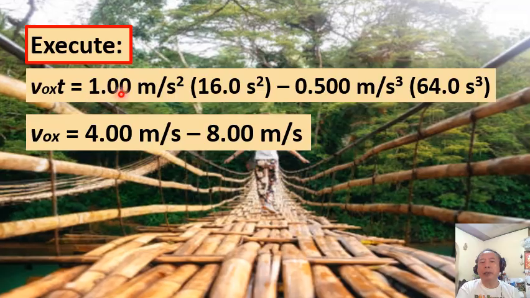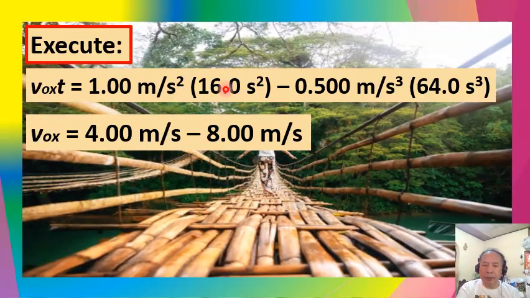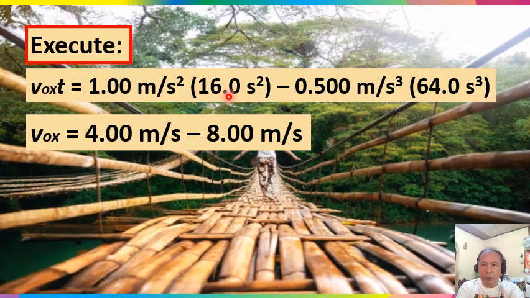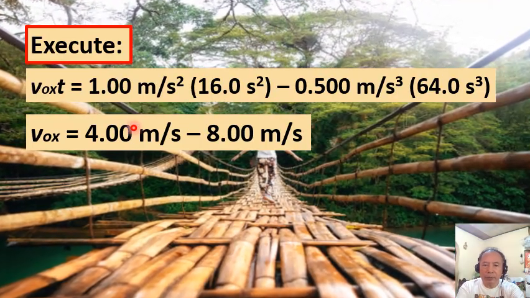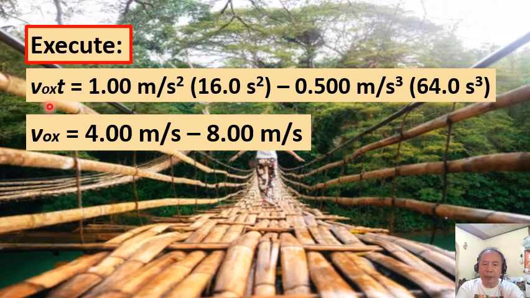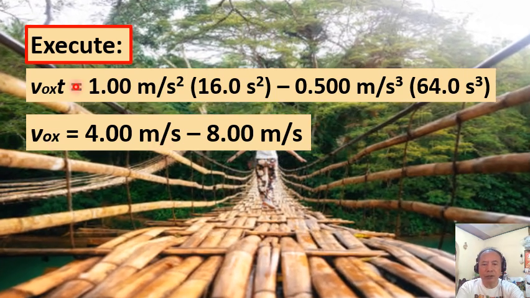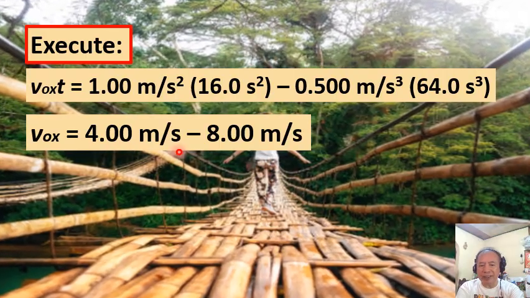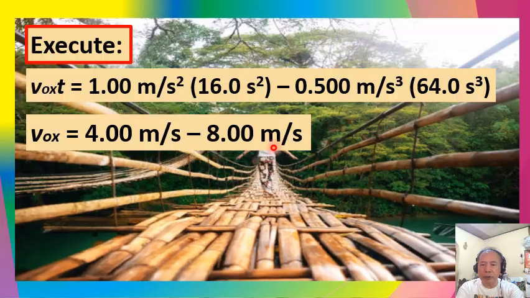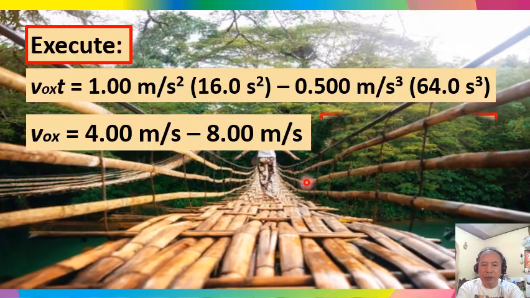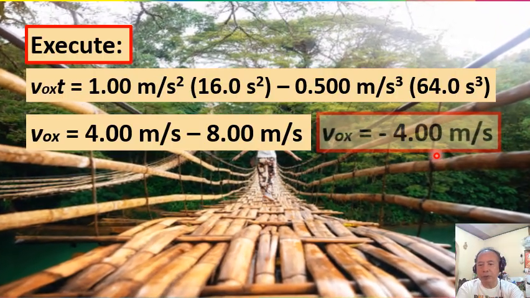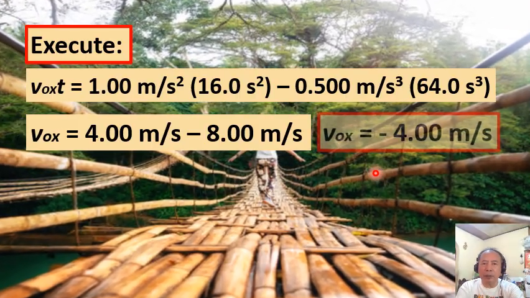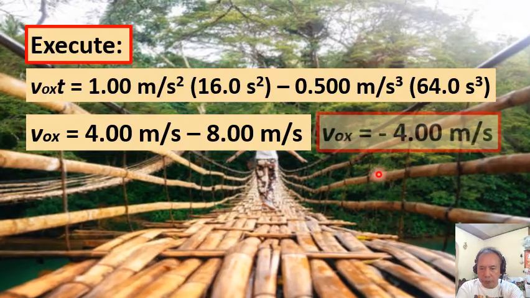So when we simplify by dividing the whole thing by the time t, which is 4.00 seconds, we find the value for v_0x, which is equal to 4.00 m/s minus 8.00 m/s, or v_0x equals negative 4.00 m/s. So this is the initial velocity of the particle at time equals 0.